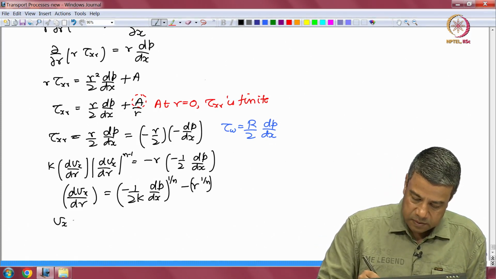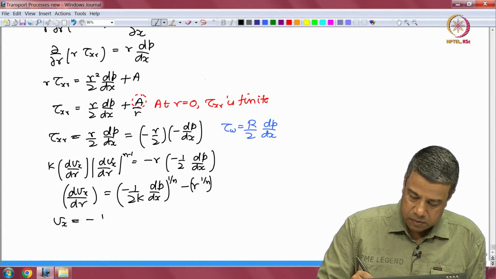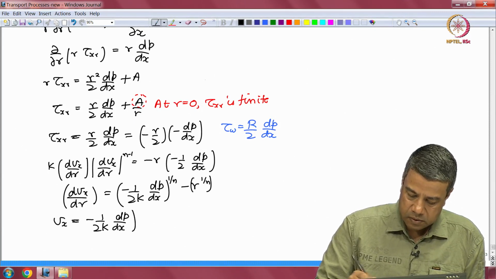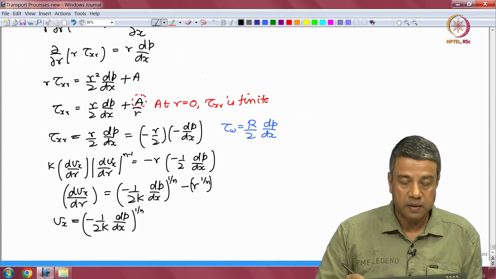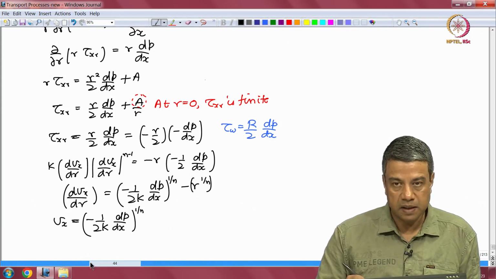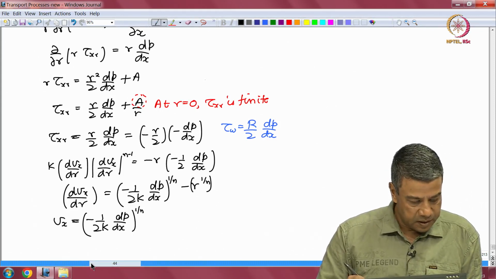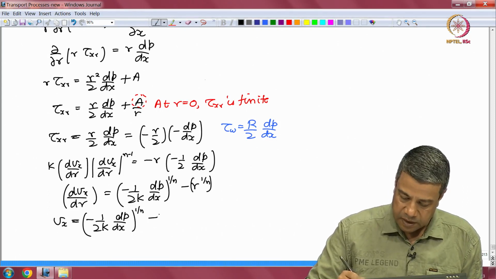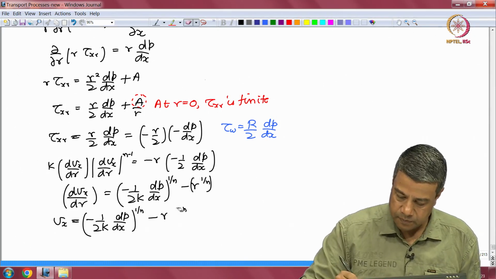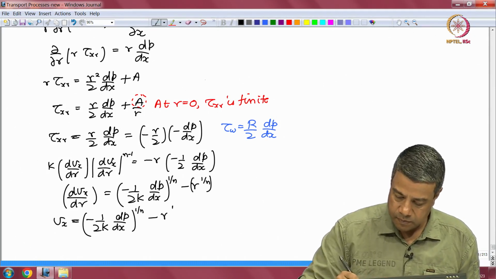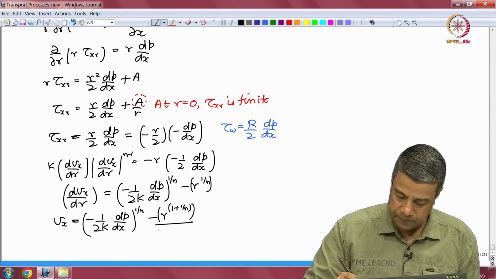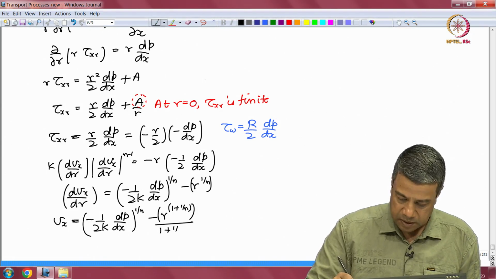Therefore, vx will be equal to minus 1 by 2 k dp by dx whole power 1 by n. Note that minus 1 by 2 k dp dx is a positive number, because dp by dx is negative, into minus r power n plus 1 by n, divided by 1 plus 1 by n.